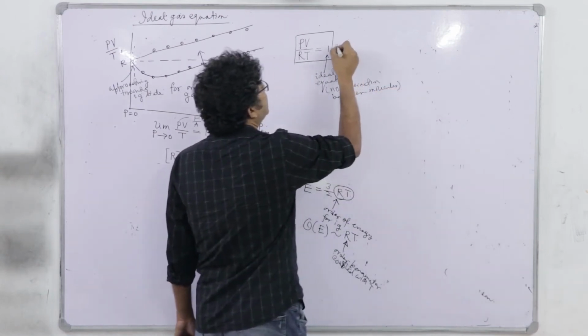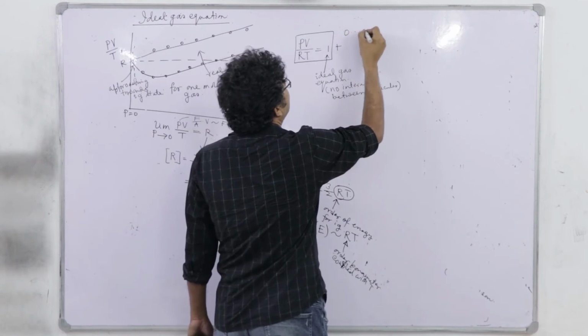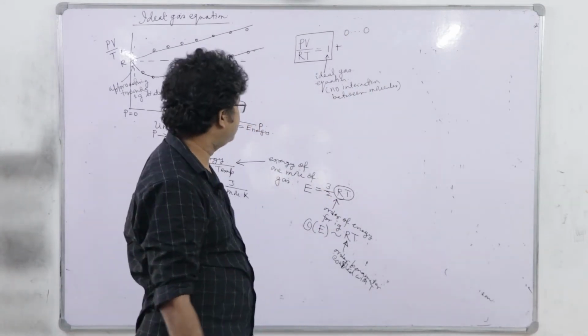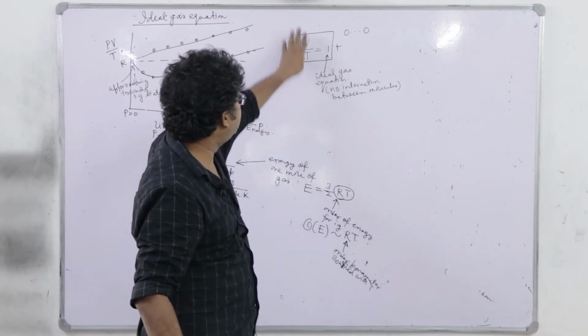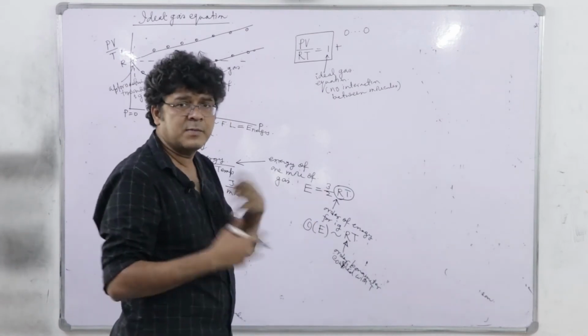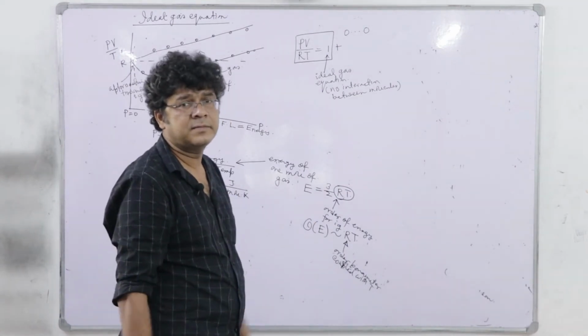Now, if I am trying to consider this two body interaction, and this is a kind of energetic term, PV by RT is a dimensionless form of energy.